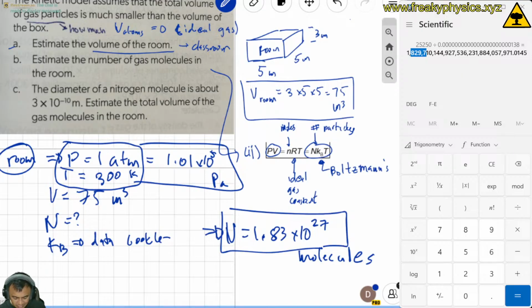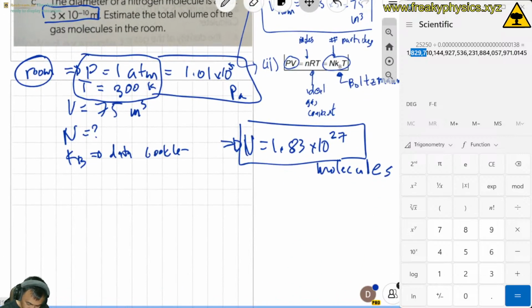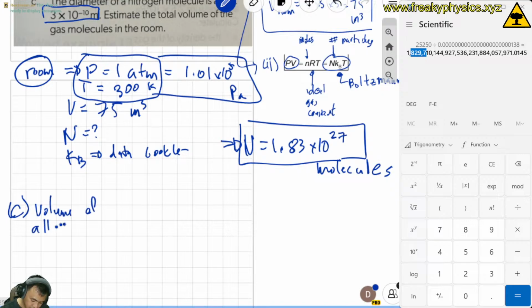Okay, now it says here that the diameter of a nitrogen molecule is approximately 3 times 10 to the minus 10 meters, right? So how do you get the total volume? So C, what's the volume of all the molecules? The N times that.